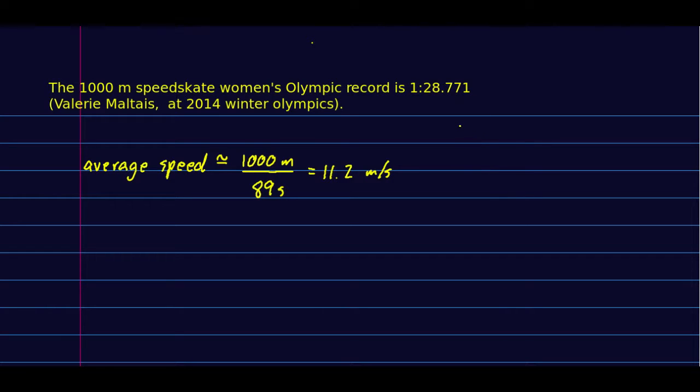Now also, the shape of the track, there are these semicircles at the ends. And just what radius they're going around, of course, depends on how closely they hug the inside of the curve, but they try and get pretty close to the inside, and that's around about 11 meters. So we can now estimate her acceleration as she goes around the corners.